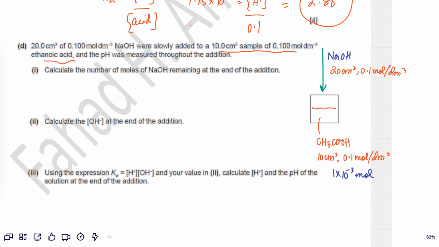I think 2 times 10 per minus 3 moles. Yes, sir. So you're adding 2 times 10 per minus 3 moles. At the bottom, you've got 1 times 10 per minus 3 moles of ethanoic acid. So that kind of indicates that he's adding too much NaOH. NaOH and ethanoic acid react in 1:1. I can write an equation somewhere.